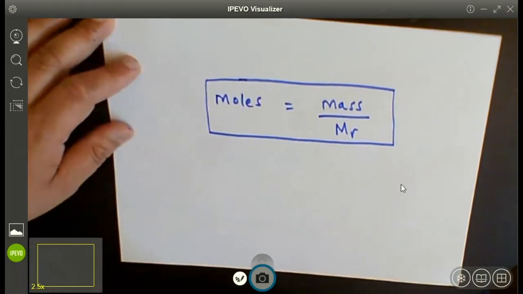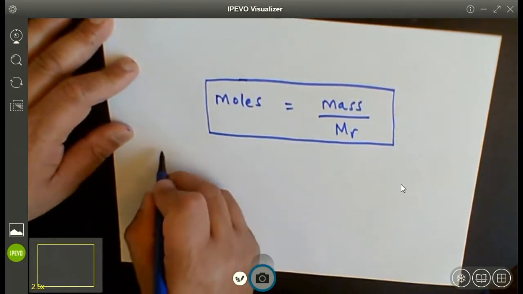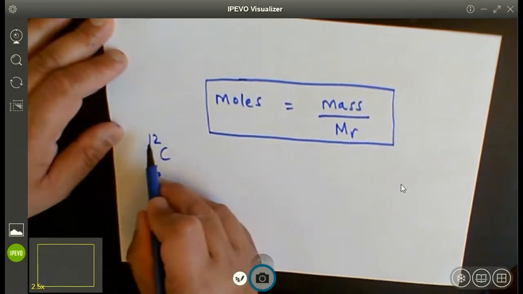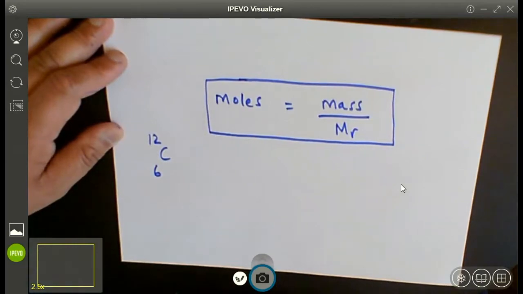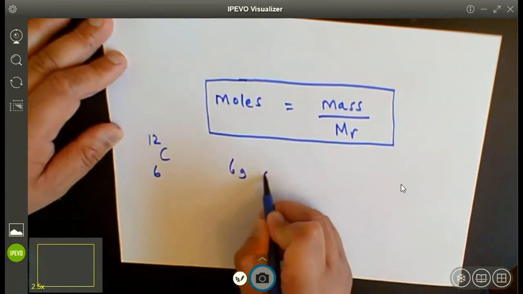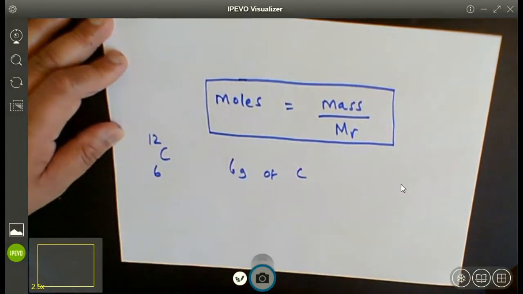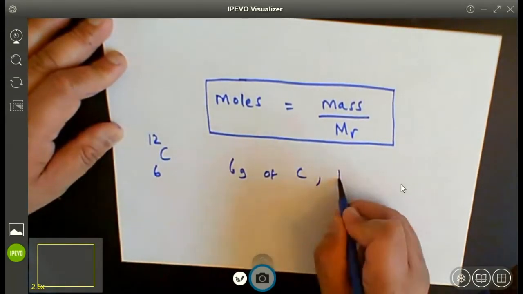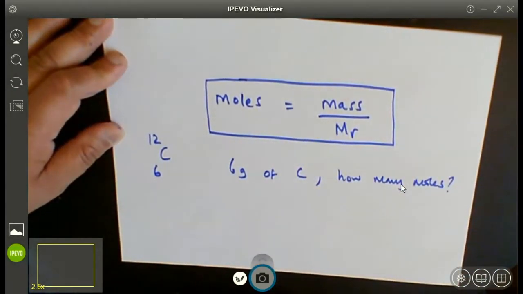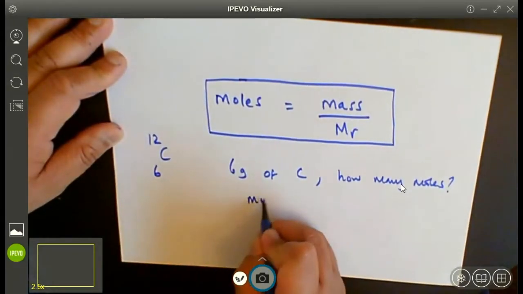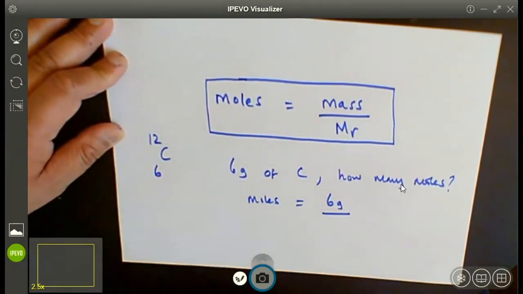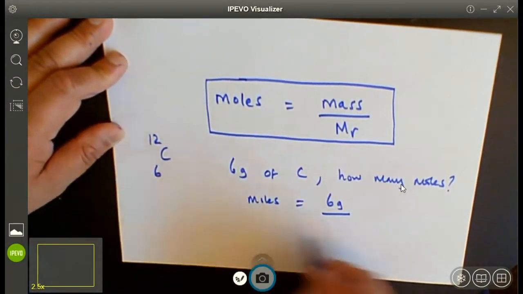We'll stick with carbon, 12 and 6. So instead of weighing out 12 grams of carbon, I say I weighed out 6 grams of carbon. How many moles would I have? What you do there is you'd say the moles is equal to the mass, 6 grams, at the top, and the atomic mass is 12.